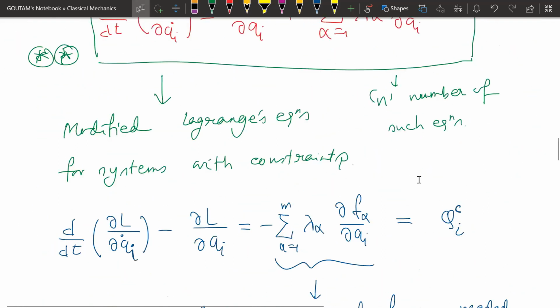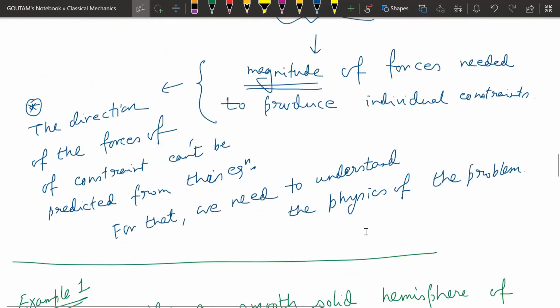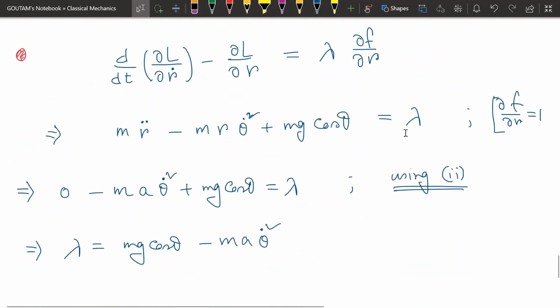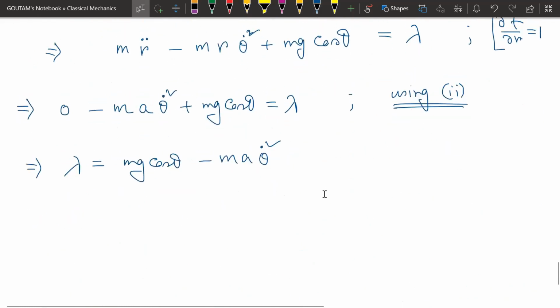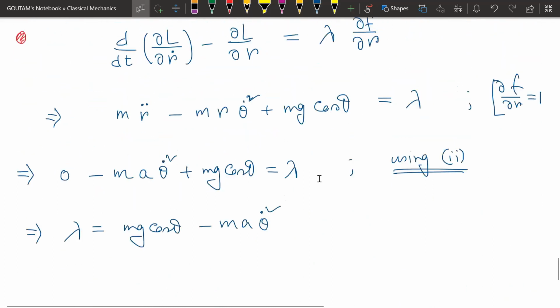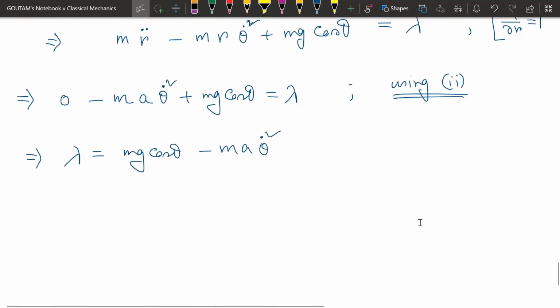So our equations of motion will be n number of such equations along with the constraint equations. That's why we first calculated this Lagrange's equation of motion, and then we are using the constraint equation. So let's call it equation 3.